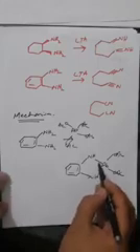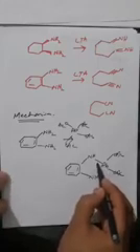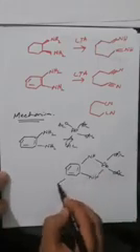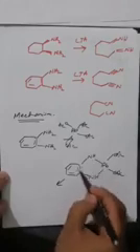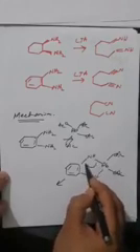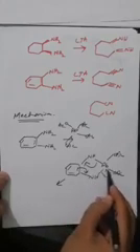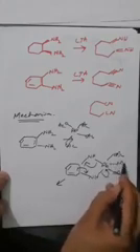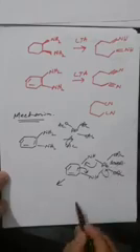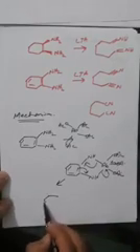In the next step, this cyclic intermediate ruptures. This bond moves here, and this bond moves here, and this bond moves here, and you get this compound.